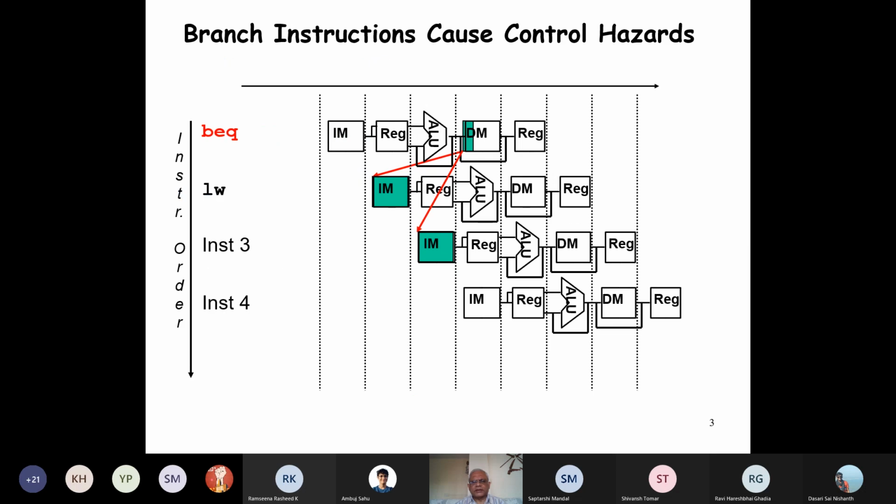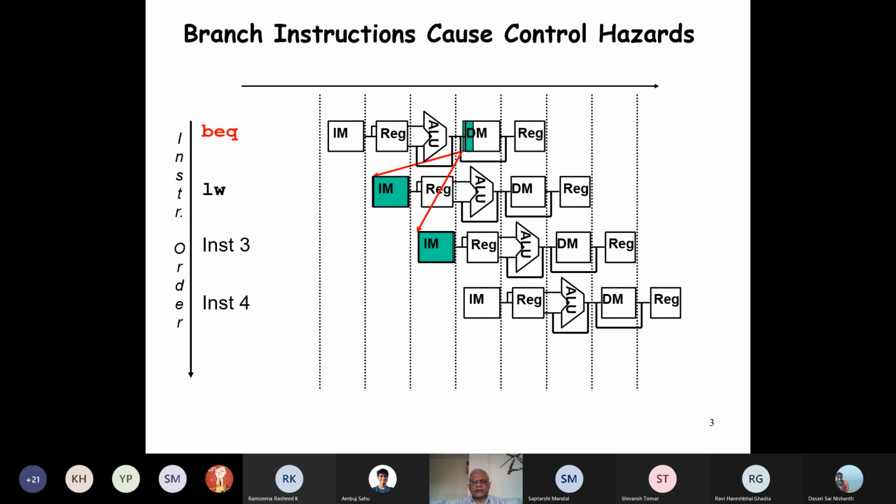Now let's analyze these branch hazards a little bit. There is the branch equal to instruction, that's the branch instruction, and its outcome will be known at the end of the ALU, third stage.